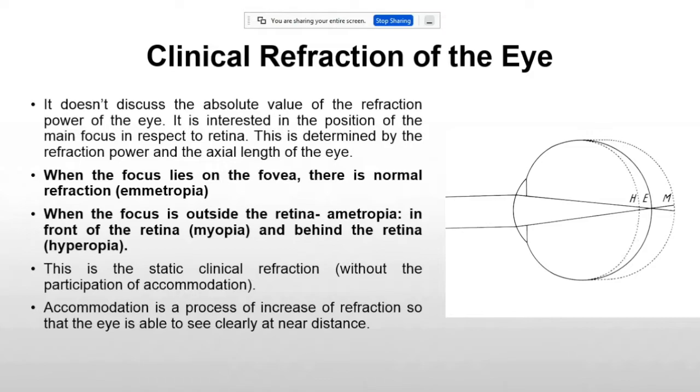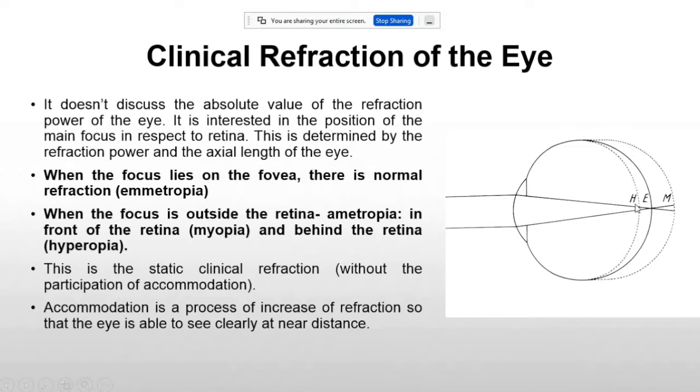We don't calculate how much the dioptric power of the cornea, lens, and overall of the eye is. We are interested, as medical staff, in the clinical refraction of the eye. So not exactly diopters of different structures, like absolute value, but the position of the main focus in respect to the retina.